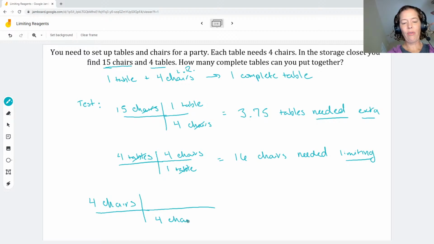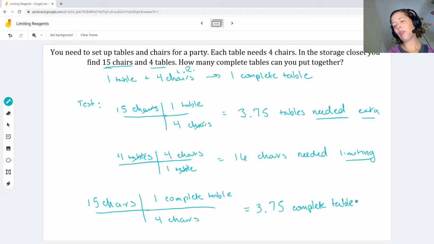For every 4 chairs, I get 1 complete table. Oh, sorry, not 4 chairs, 15 chairs. And we've actually done this calculation, but that's 3.75 complete tables.